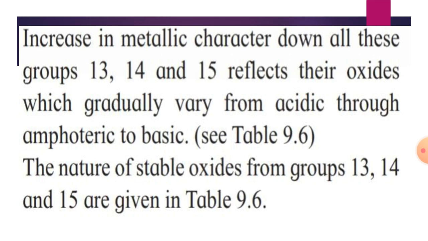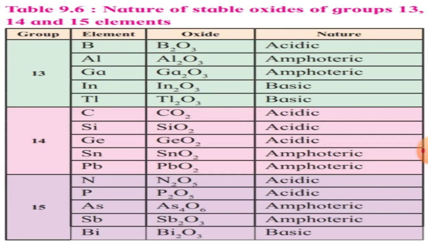So their oxides will gradually vary from acidic to amphoteric to basic. We are going to see table 9.6. The nature of stable oxides from groups 13, 14 and 15 will be given in table 9.6. Here is the table which states the nature of stable oxides of groups 13, 14 and 15.